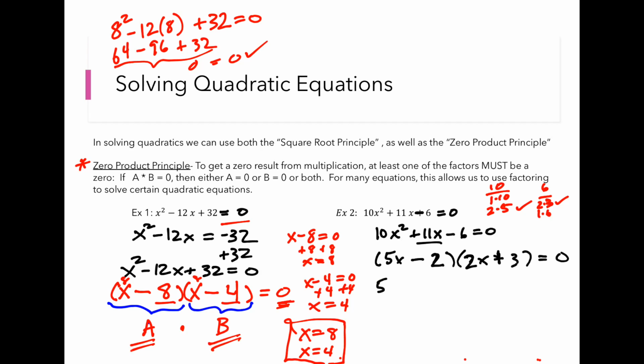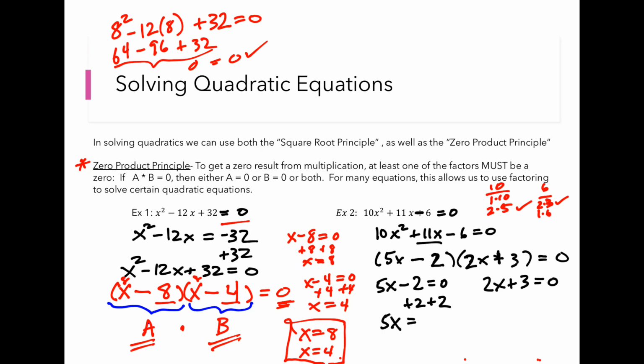So I'm going to look at what x would have to be for 5x minus 2 to be 0, and for 2x plus 3 to be 0. When you have the A there, the number in front of x, it makes it a little harder to just look at it and figure out the solution. But we are going to see a pattern here.